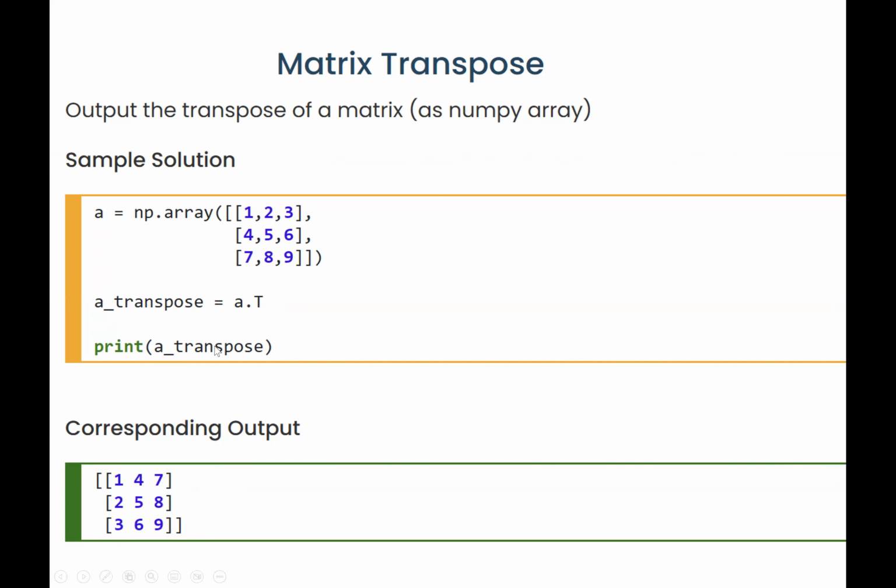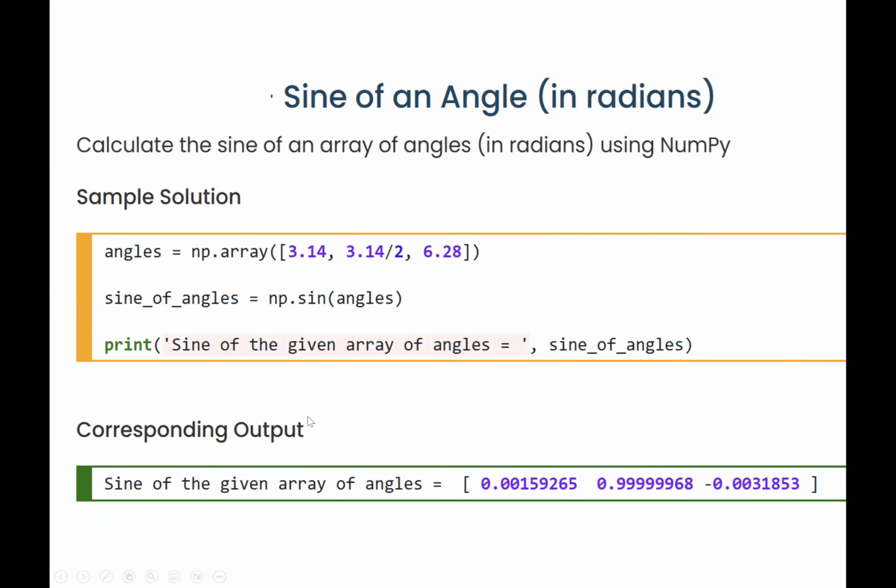So we print it, and you'll see that instead of 1, 2, 3, it will be 1, 4, 7. So the column 1, 4, 7 becomes the row 1, 4, 7. The column 2, 5, 8 becomes the row 2, 5, 8. The column 3, 6, 9 becomes the row 3, 6, 9. So again, the transpose of a matrix means to convert rows to columns.